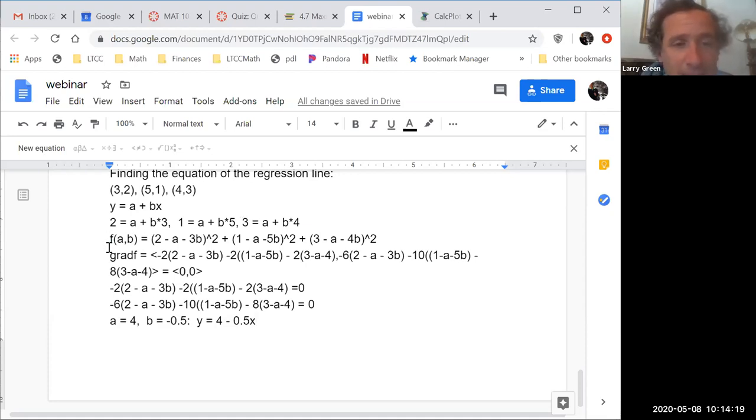You're going to find your f of a, b, take the gradient, and set the gradient equal to the 0 vector, okay? And then you're going to solve a big, ugly system of equations, and you'll be able to get all of your letters. And you will use a computer. You would never want to do that by hand. That's the real world.